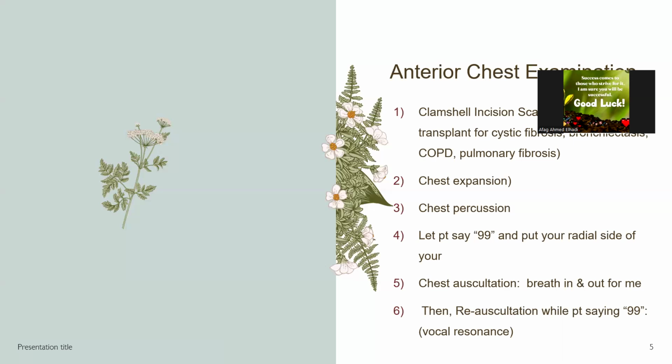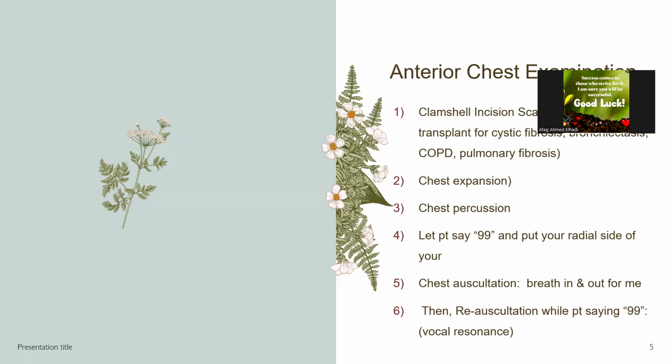And then, as I said before, we have chest expansion, percussion, and saying 99 in these patients. For chest expansion, we need to focus on which area has reduced chest expansion. As I said, it could be pneumonectomy, it could be interstitial lung disease, or it could be reduced bilaterally, like in COPD.